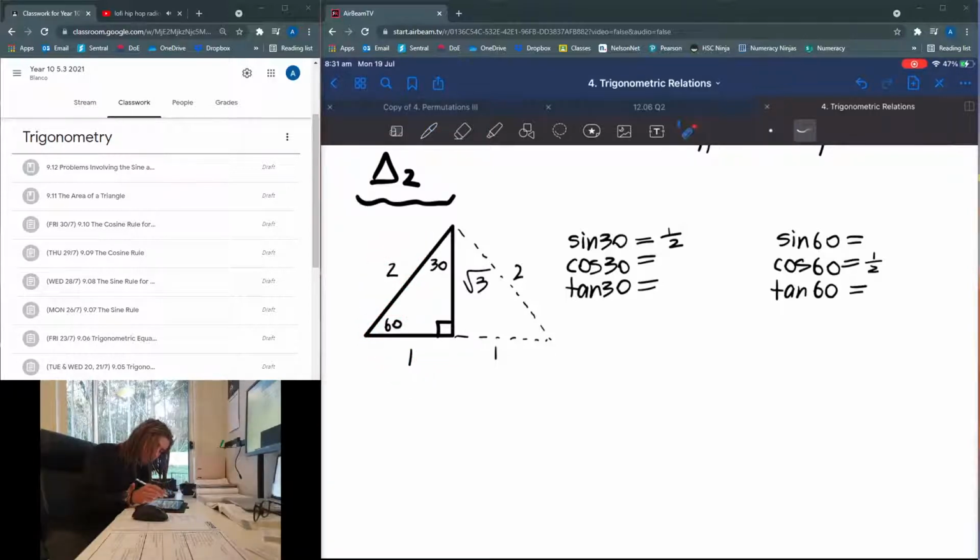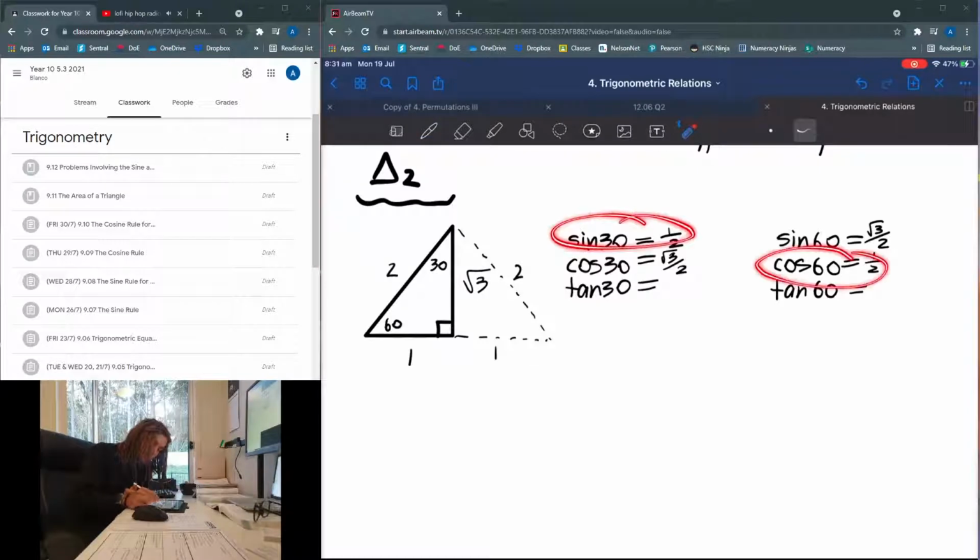Nice. This should also tell me that these two are going to be the same. And they are. Let's have a look. Cos 30. Cos is adjacent over hypotenuse, so it's root 3 on 2.